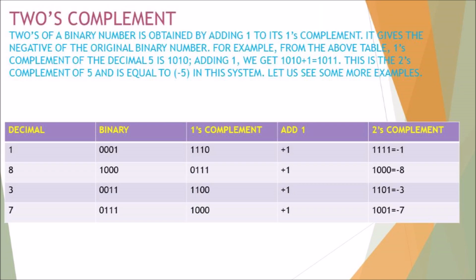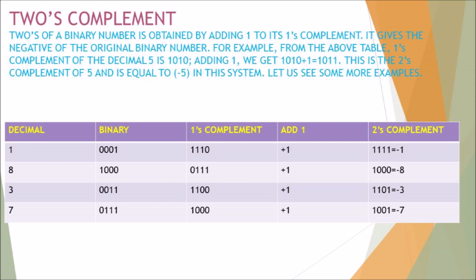Next is the 2's complement representation. The 2's complement of a binary number is obtained by adding 1 to the 1's complement. So adding 1 to the 1's complement, we get the 2's complement. It gives the negative of the original binary number.